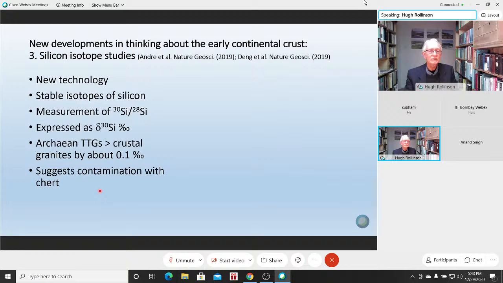And what has been found is that Archean TTGs are different from most other crustal granites. And the short version of this rather long story is that it suggests they've been produced from a source which is contaminated with chert sediment.